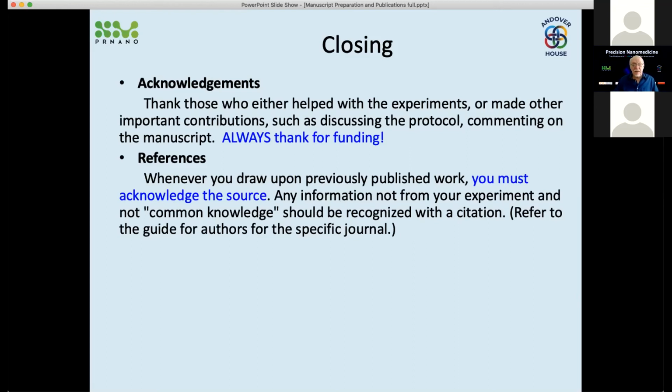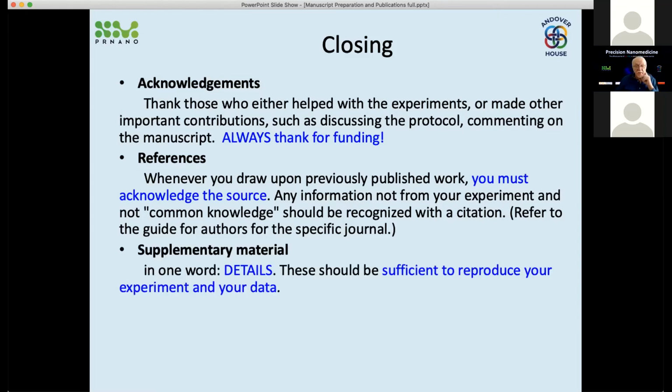References. Whenever you refer to previously published work, you must acknowledge the source. Any information that is not common knowledge should be recognized with a citation. The citation helps you. It helps all those others you are citing. The style is defined by the specific journal.